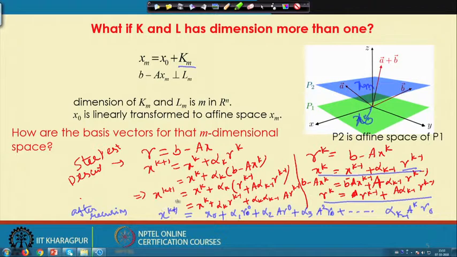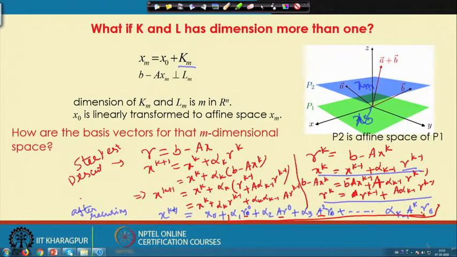So, instead of going through one single iteration, if I can combine all the iterations, I can update x 0 with another vector, and this vector is a combination of several vectors. r 0 is one vector, A r 0 is one vector, A squared r 0 is one vector, A to the power k r 0 is one vector.